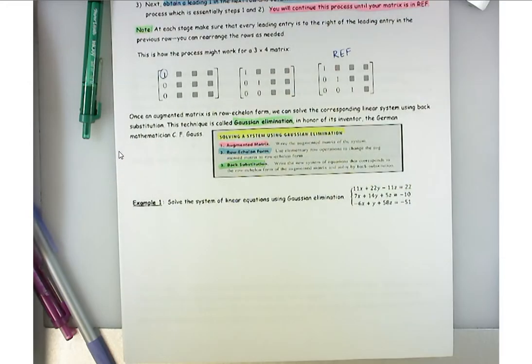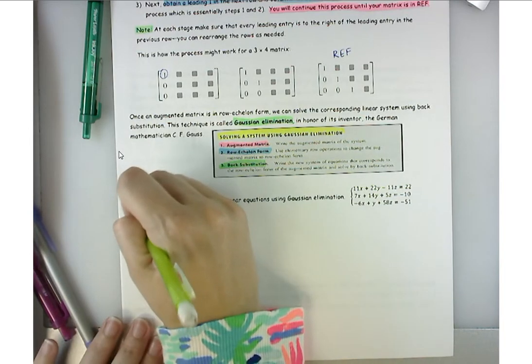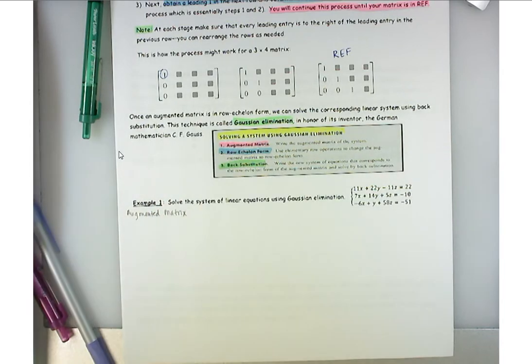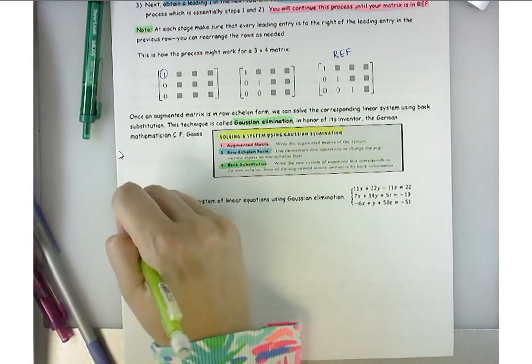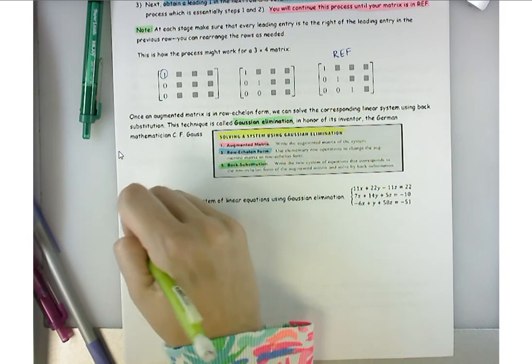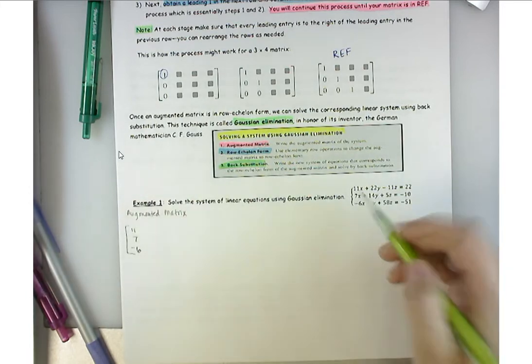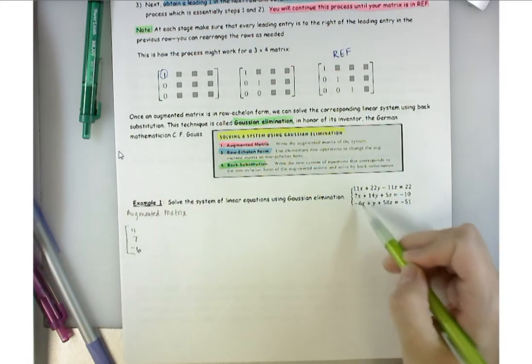So we're going to solve this system using Gaussian elimination. So the first thing we're going to do is make the augmented matrix. Okay, so let's go ahead and do that. And if you write bigger, I did leave some space on the next page for you too. Okay, so like I said, sometimes it's nice to put them in columns. So 11, 7, negative 6.